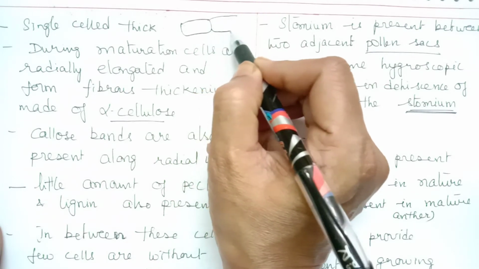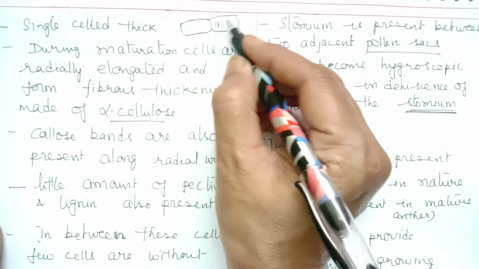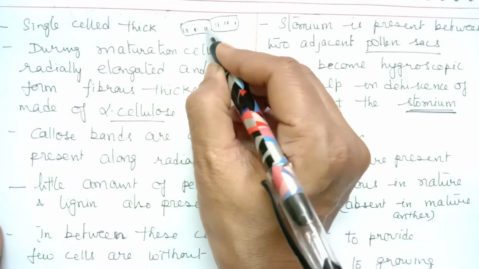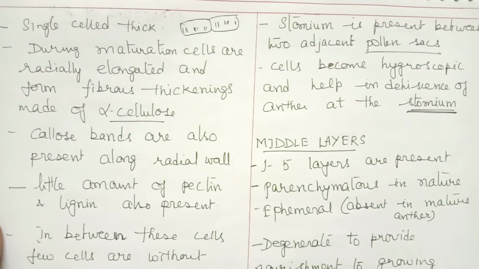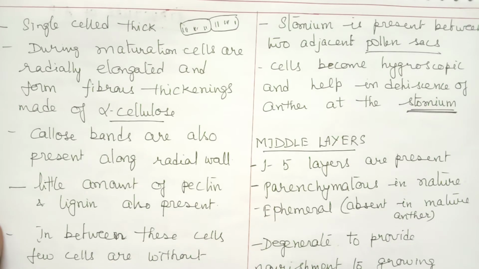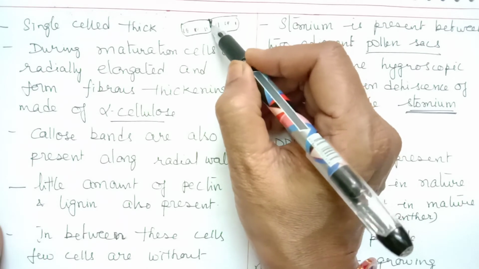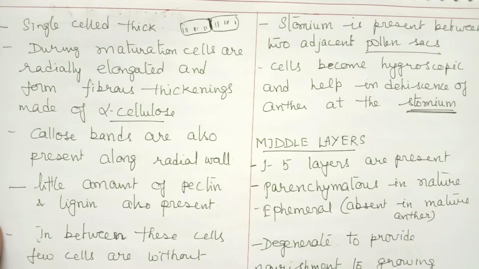If this is a cell of endothecium, fibrous thickenings are present. This is what we have shown diagrammatically. And callose bands are also present along the radial walls. Callose is a type of carbohydrate. This is a radial wall, so it shows the deposition of callose also.